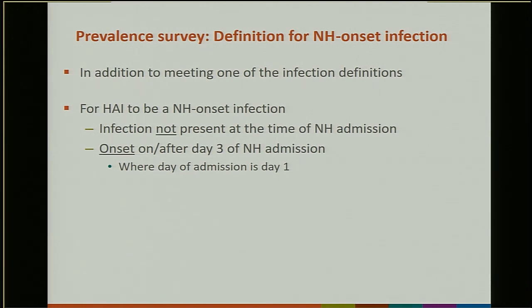So in addition to meeting one of the infection definitions, and with UTI, the example I just gave you, for an infection to be counted as a healthcare associated infection or be nursing home onset, the infection had to not be present at the time of the nursing home admission, and the onset, the first sign or symptom that became present, needed to be on or after day 3 of the nursing home admission. Again, I think this is somewhat similar to some of the rules that exist within the NHSN system for identifying nursing home onset infections.